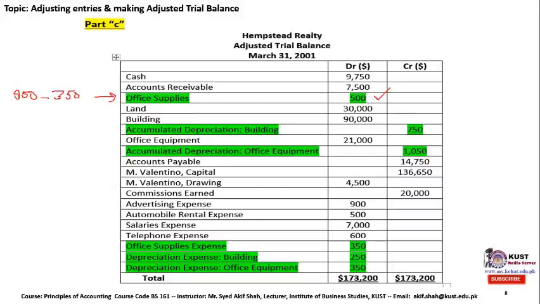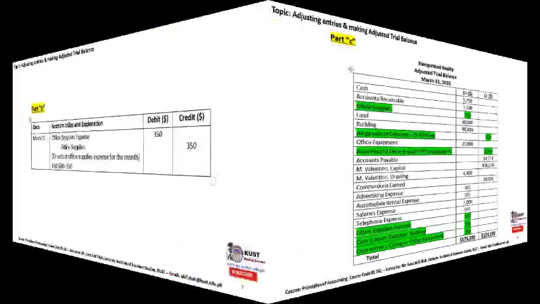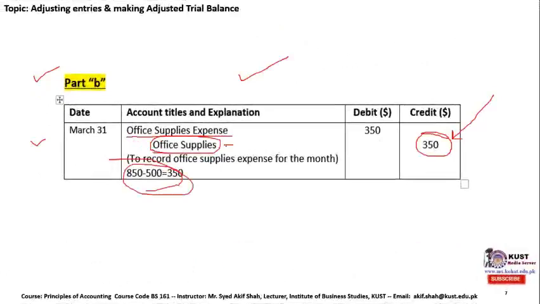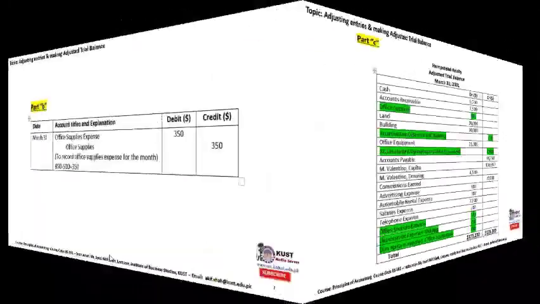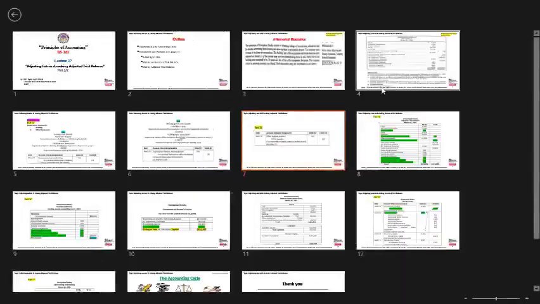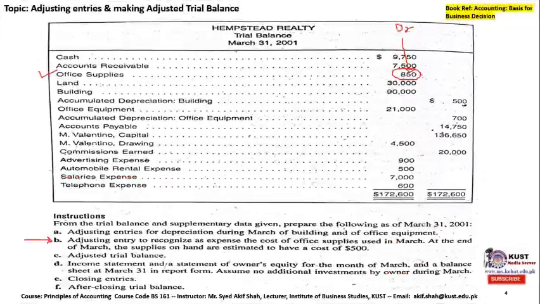So against this debit we have a credit entry of $350. We'll have a debit entry of this same amount with the title of office supplies expense, because we have to incorporate the debit entry of the office supplies as well. First of all, we have to check in the question whether we have any expense with the name of office supplies.